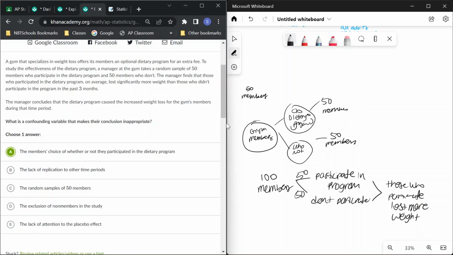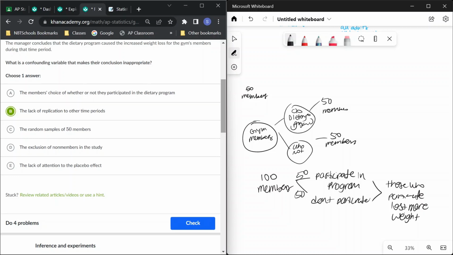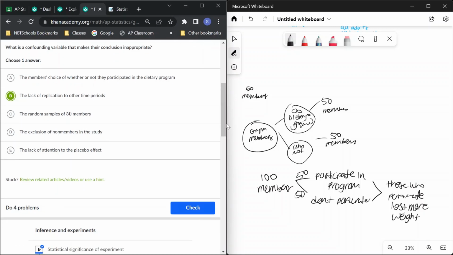The lack of replication to other time periods, no, that doesn't really matter, because there were other experiments or observational studies that were just like 2 months or so. The random sample of 50 members, no, that makes it even more of a representative sample, which reduces, well, no, random assignment reduces confounding variables. Random selection reduces sampling variability.